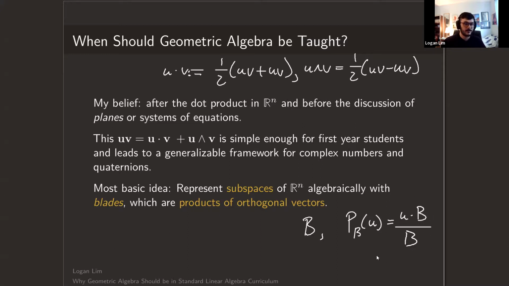That's it. And if we want to find the rejection, which is to say the vector that's orthogonal to u in the subspace V, let me draw a quick diagram. This is u, and this is our subspace B. That's u, the reject of u, and this is the projection of u.